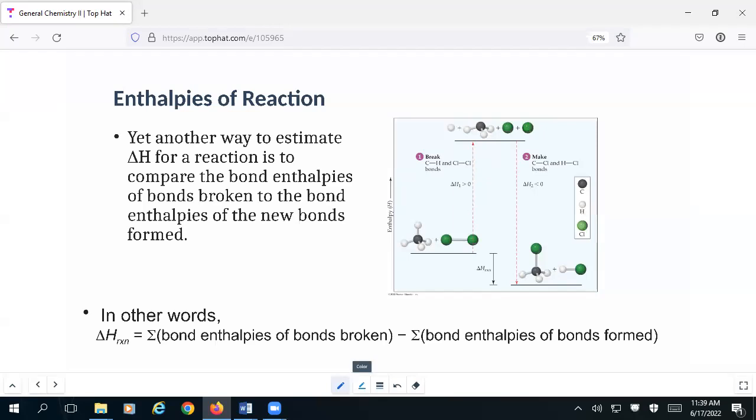Comparing those two, subtracting them from each other, would give me a heat of reaction. And it should be on par with the same kinds of things that I would get from Hess's law, from a heat of formation, from all the other techniques that we've talked about in this chapter. It's on the same line. It's just a different way of looking at the problem.